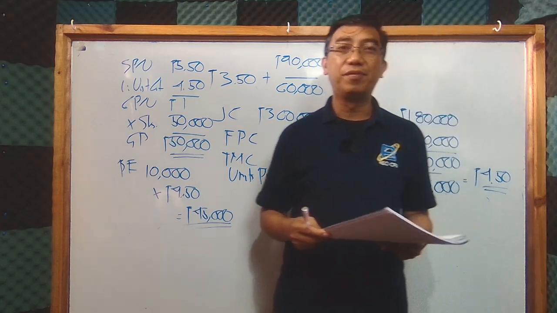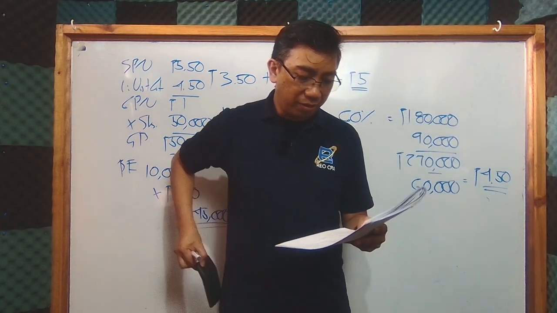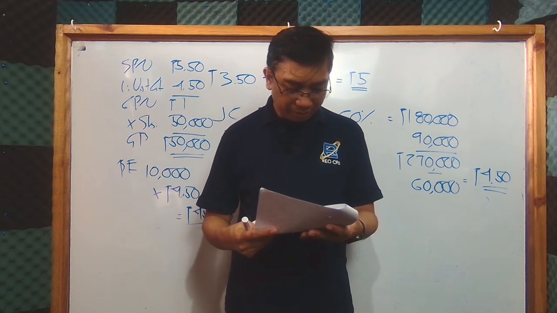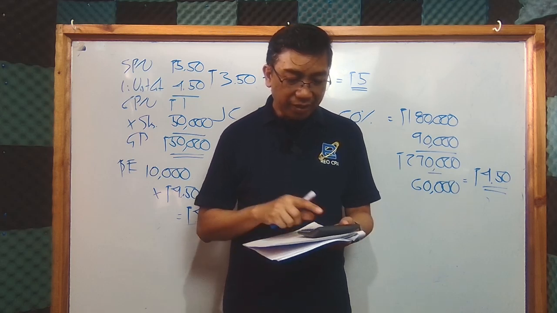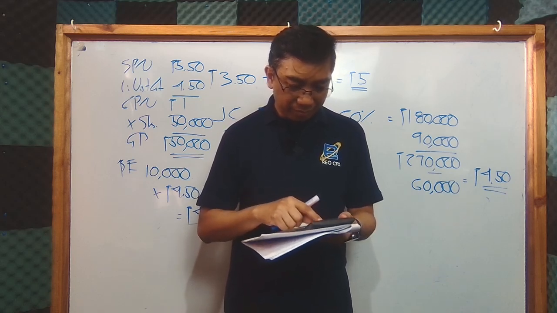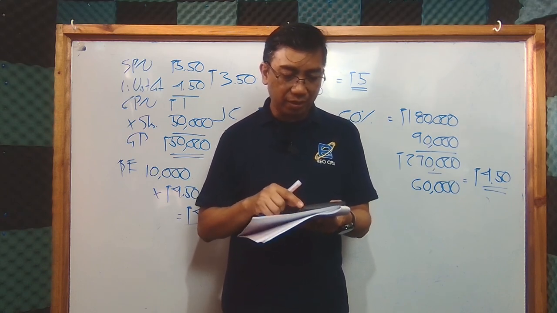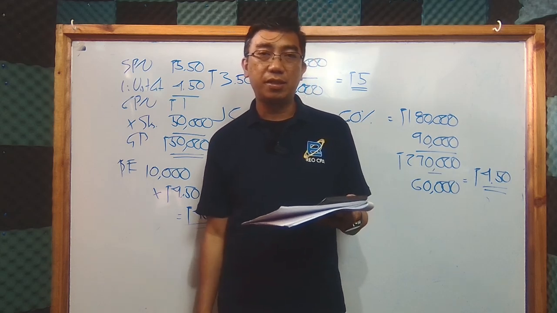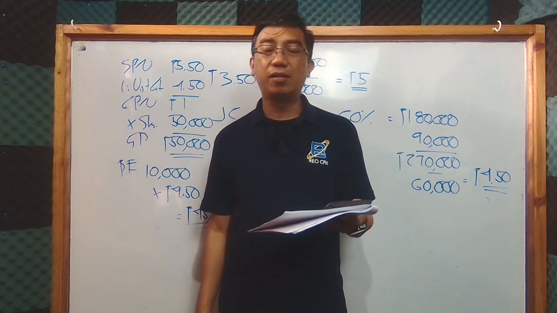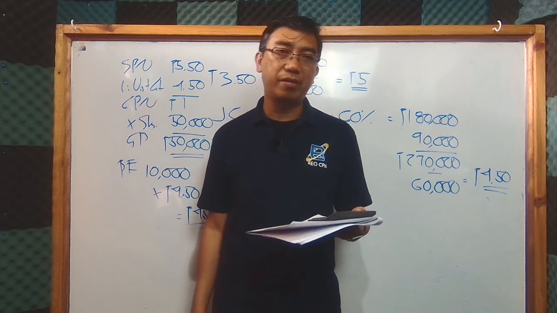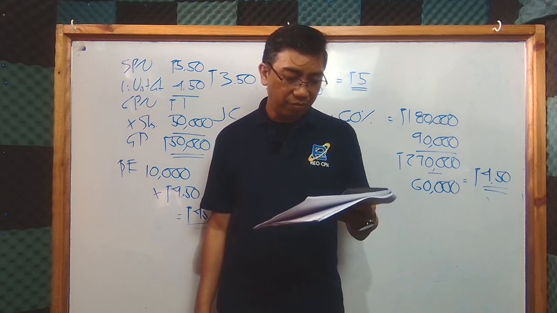Class, madali lang to. Alamin lang natin to sa calculator. Product X muna. Class, pag product X, magkano selling price niya? Final sales value is 80,000 minus sales value at split-off point na 60,000, meaning incremental revenue is 20,000. For you to earn additional 20,000, you have to spend further processing cost of 14,000.